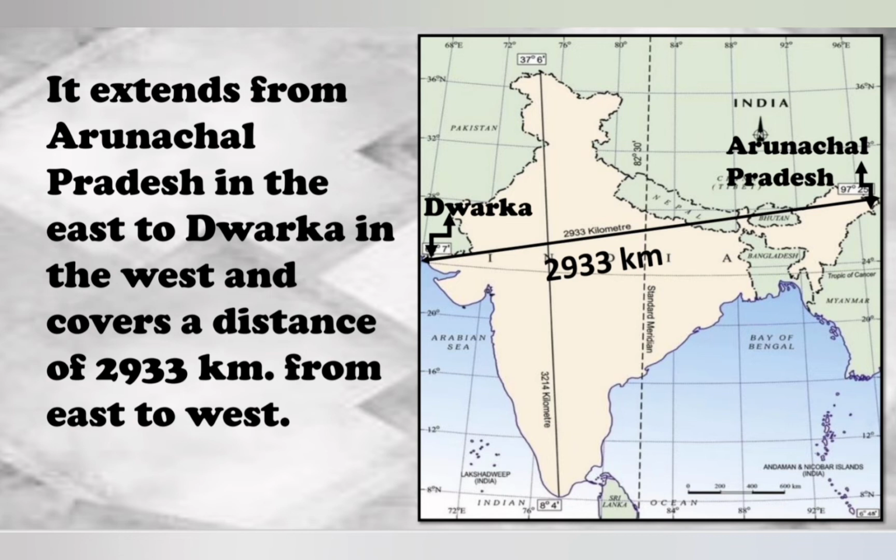So, from north to south, India covers a distance of 3,214 kilometers, and from east to west it covers a distance of 2,933 kilometers.